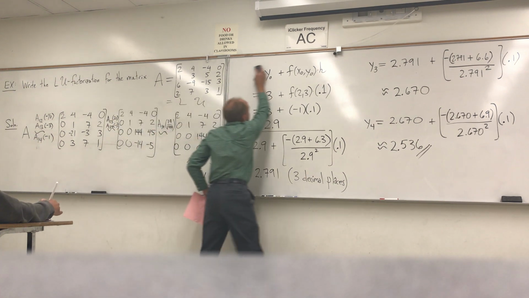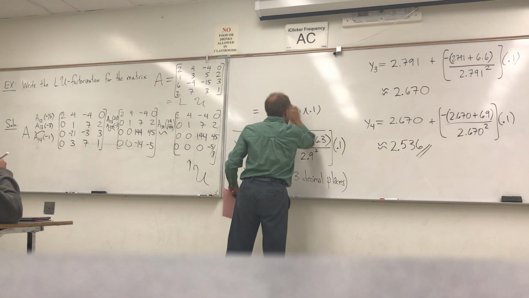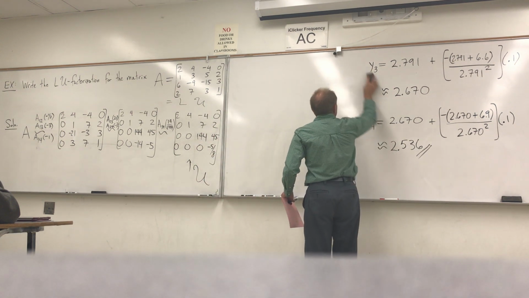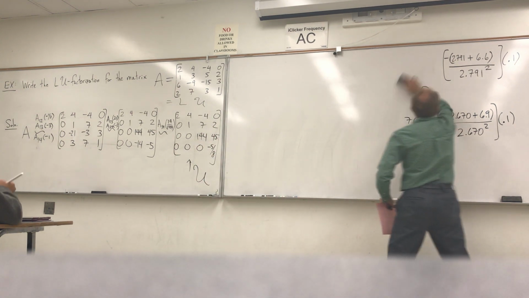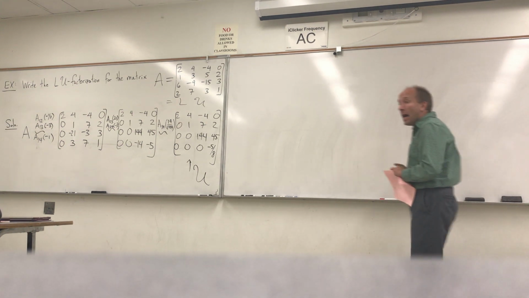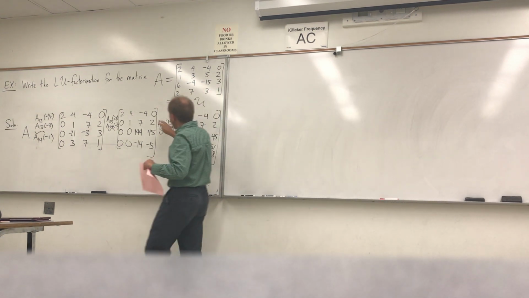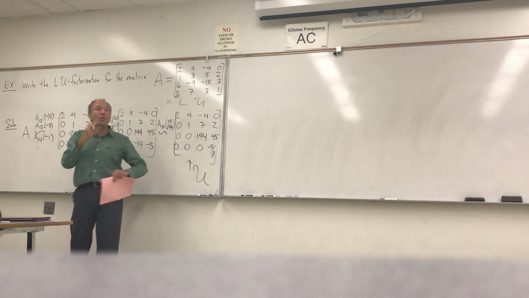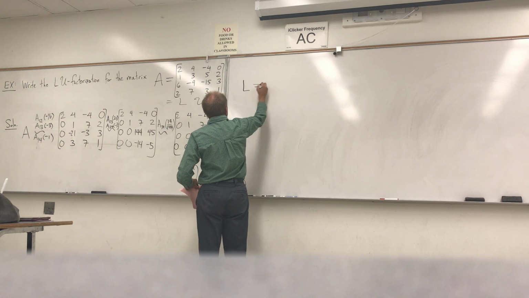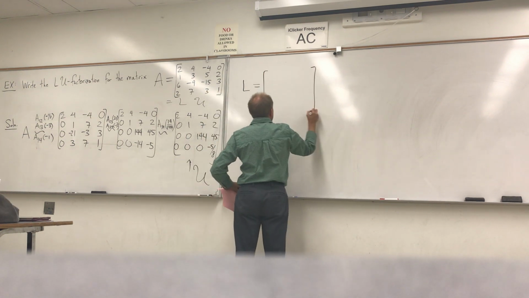Okay, now to get the L matrix, which is the other part of this, what we have to do is create some space first. Actually, if we've done a good job of our bookkeeping here, we can just write it down as well. We don't actually have to work very hard. For the L matrix, this is a lower triangular matrix.